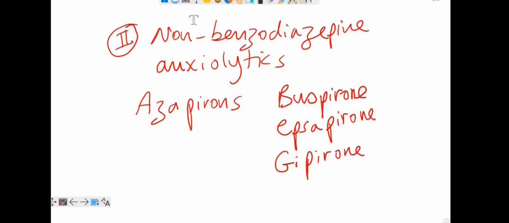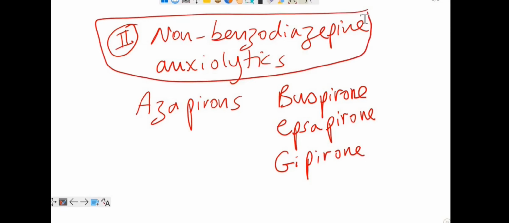These are the second group of anxiolytics, non-benzodiazepines, like the azapirones, including buspirone, ipsapirone, and gepirone. These are different from the benzodiazepines in the mechanism of action and in the action as well. So how do they act? They act as an agonist at the 5-HT1A receptor.